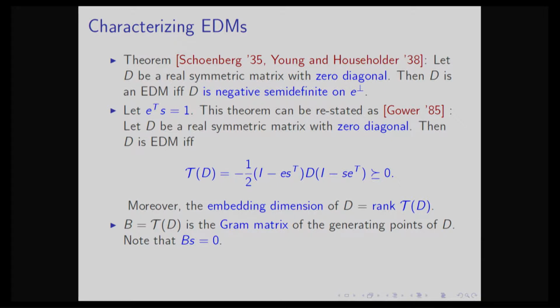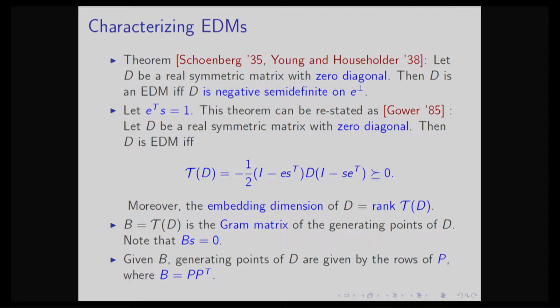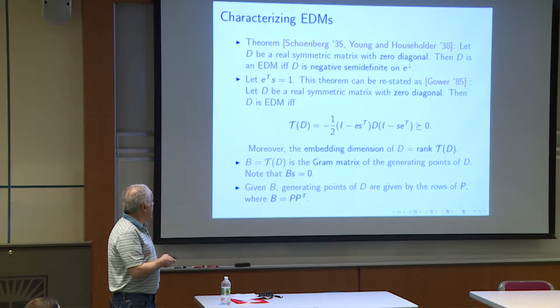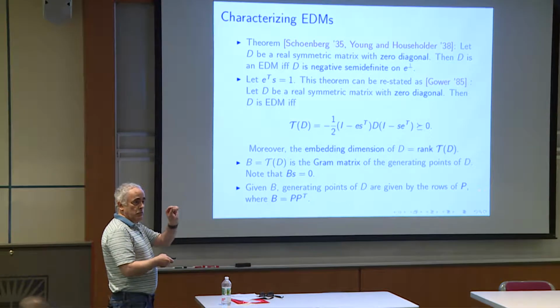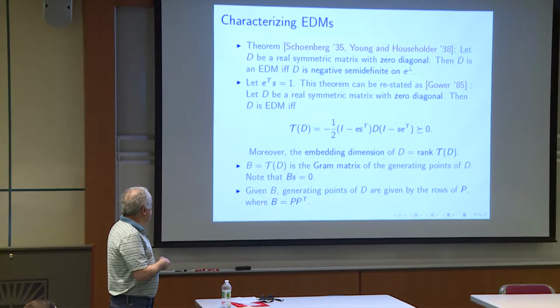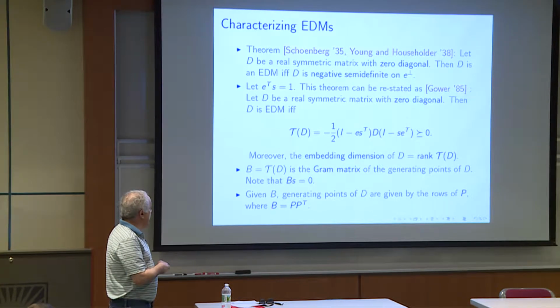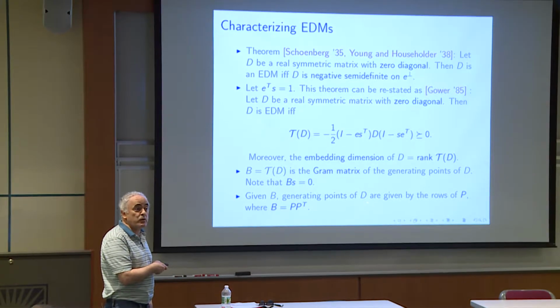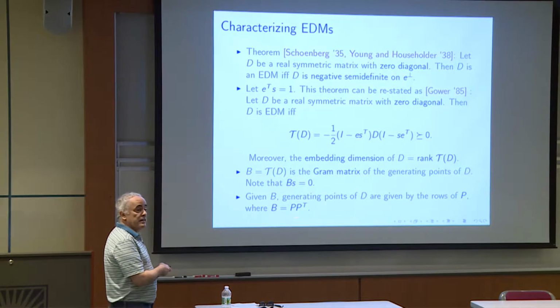Now, if you are given a D and you want to realize D, then you get the gram matrix from this formula. And then to get the points which generate this D, you factorize the gram matrix, because the gram matrix is positive semi-definite, so you can factorize it in this manner.